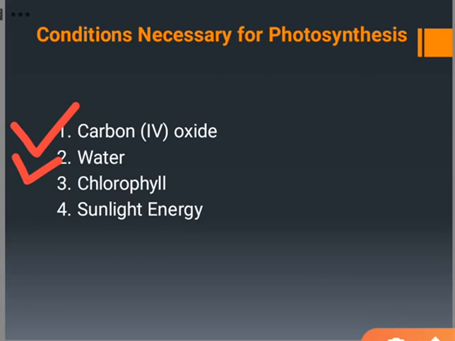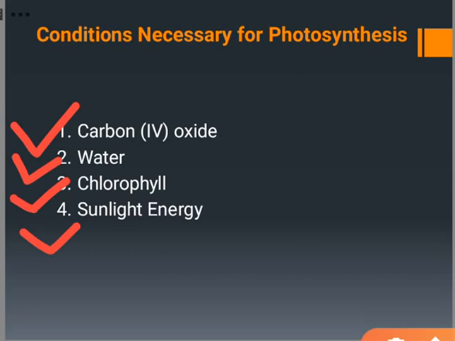When these two conditions are available in the leaves, then the leaf itself has the third condition, which is the chlorophyll. And the fourth is sunlight energy, the solar energy radiating from the sun.